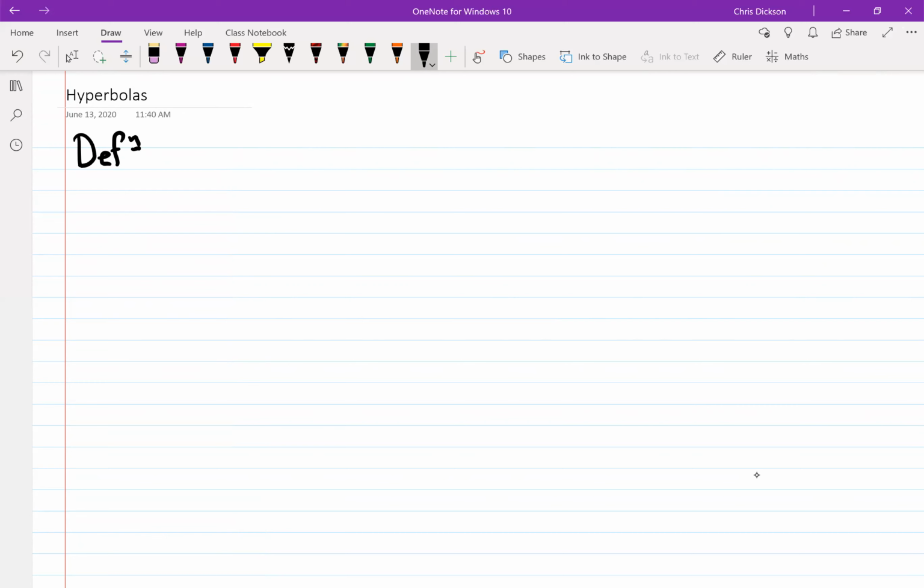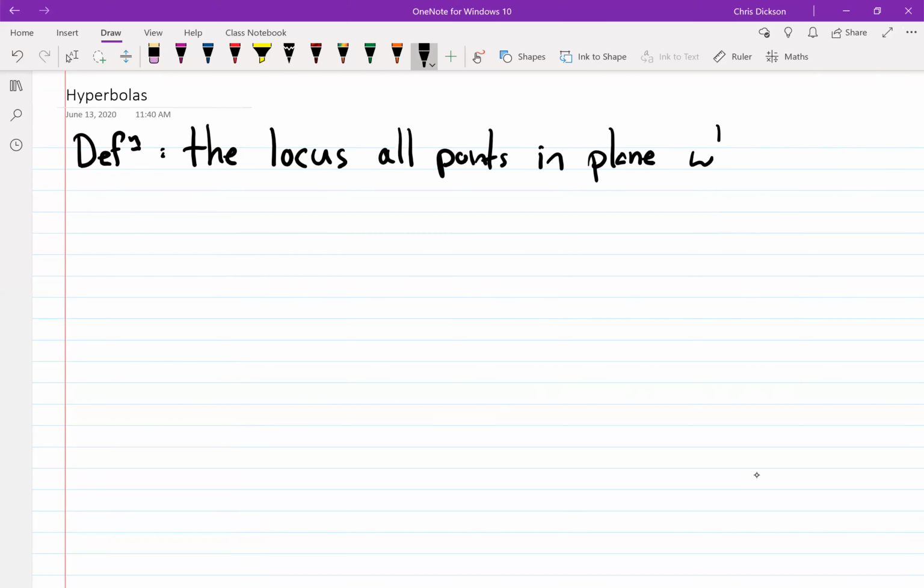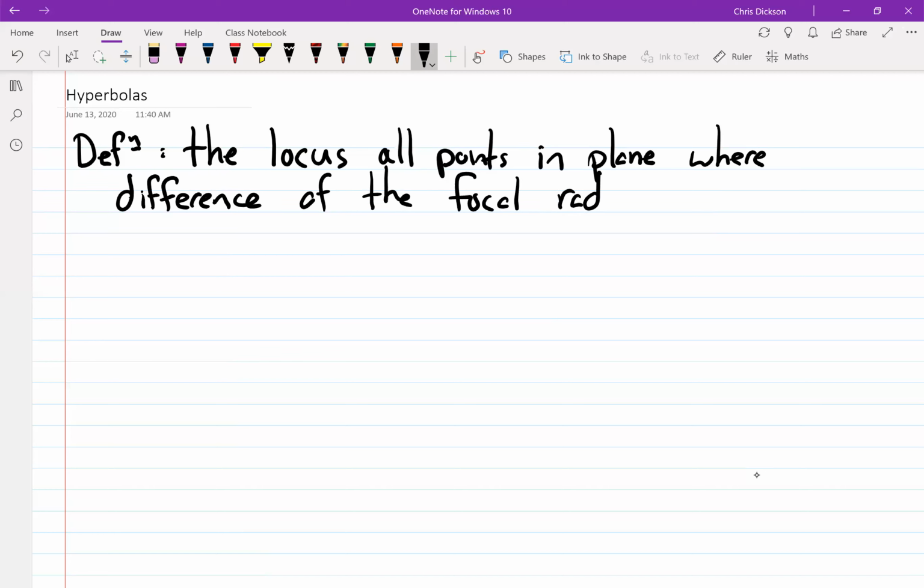So really the hyperbola is the locus, or the set of all points, in a plane where the difference, the absolute difference, the difference of the focal radii is a constant.